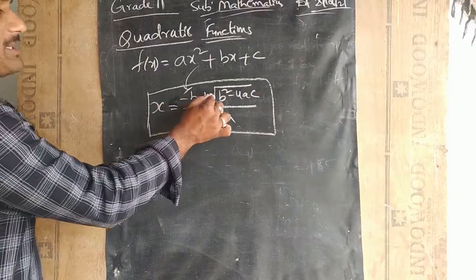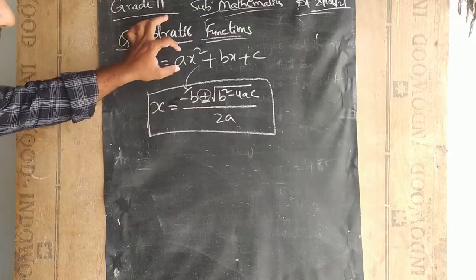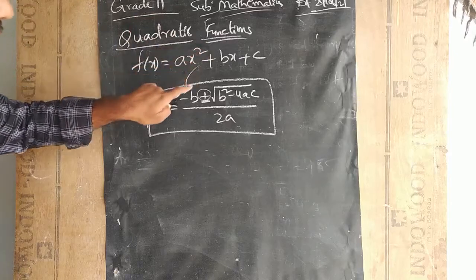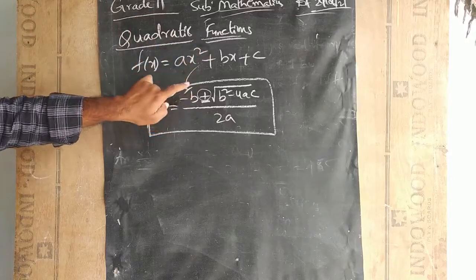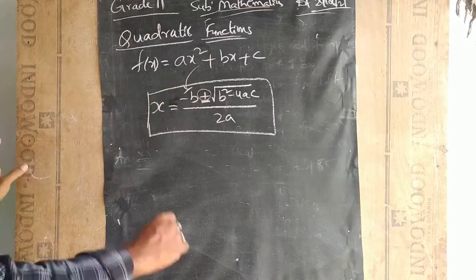Plus stands for one value, minus stands for another value. As the power is 2, we are going to get two roots. Those two roots we are defining here by plus as well as minus.